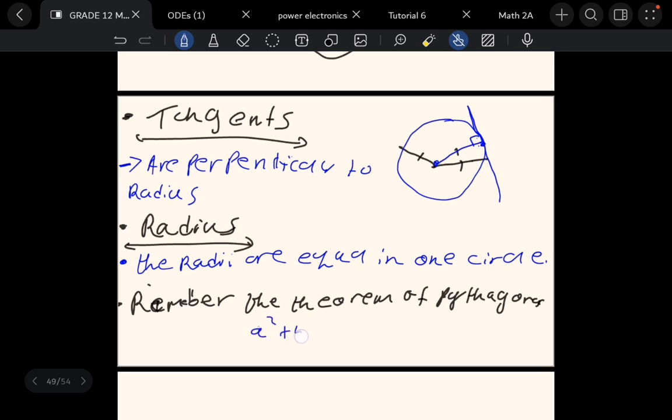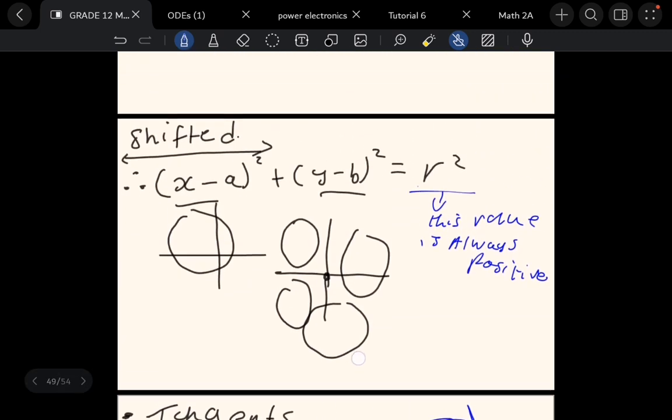A squared plus B squared is equal to what? C squared. You need to remember this a lot. Understand? Right.